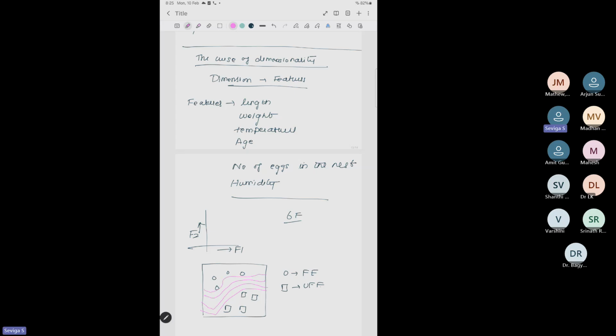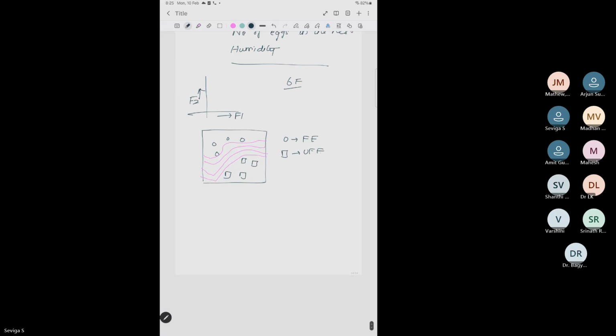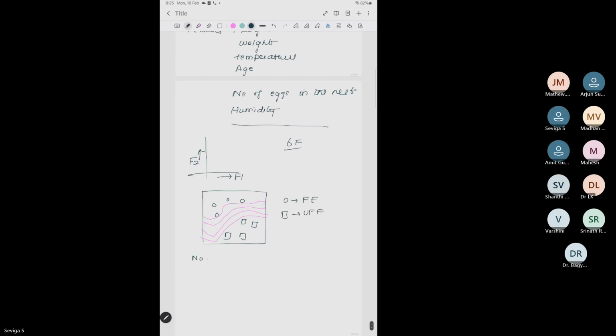When the number of samples is small, we can have multiple decision boundaries, but we never know which one will work.